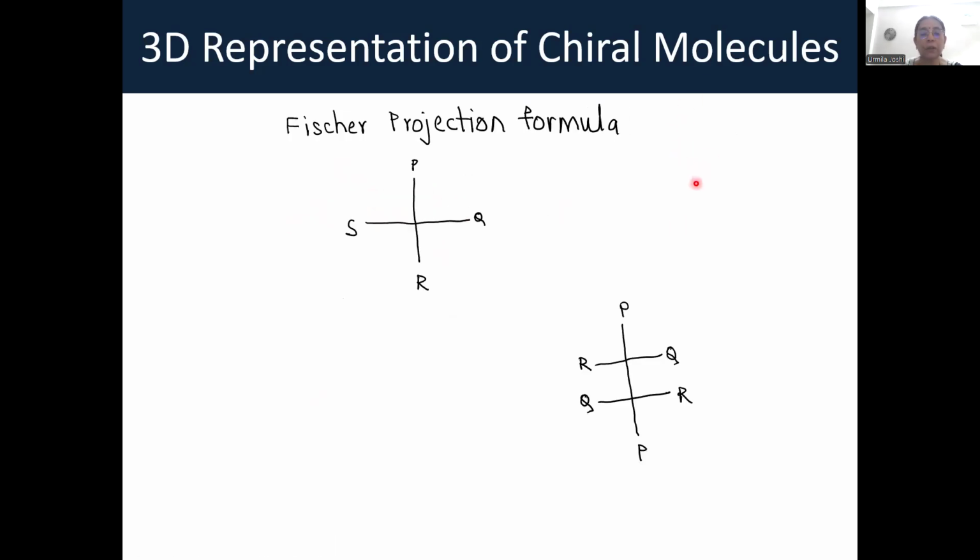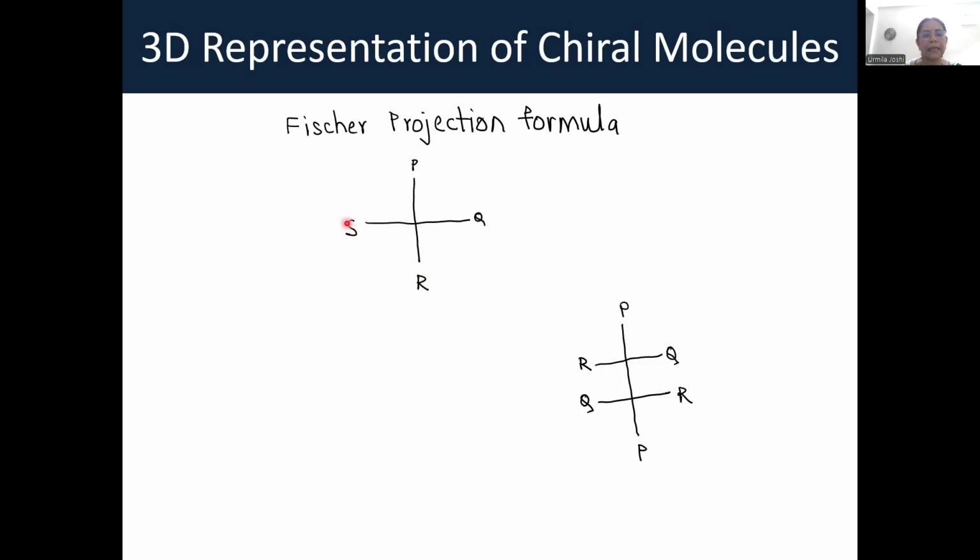Now, a Fischer projection formula has one vertical line and one horizontal line. Here, P, Q, R, S indicate the different substituents. As we saw in the previous lecture, a chiral carbon has four different substituents.